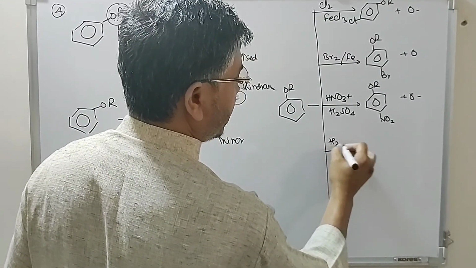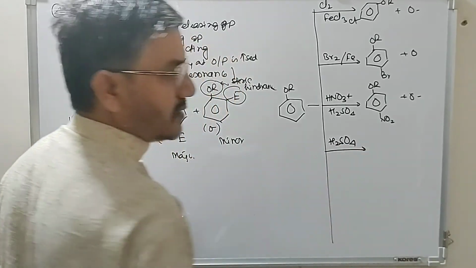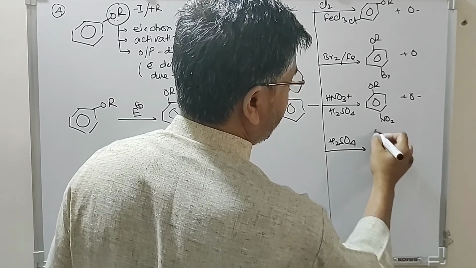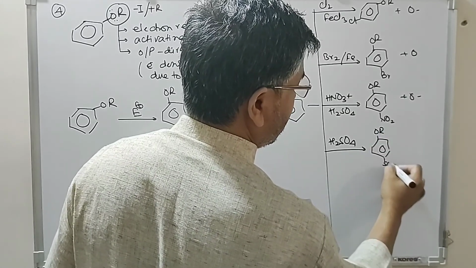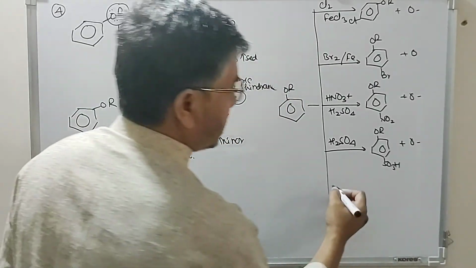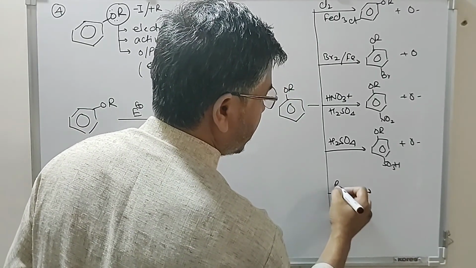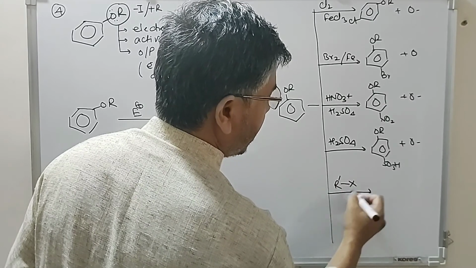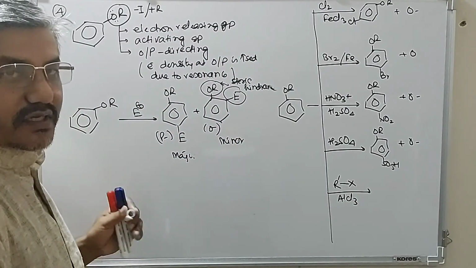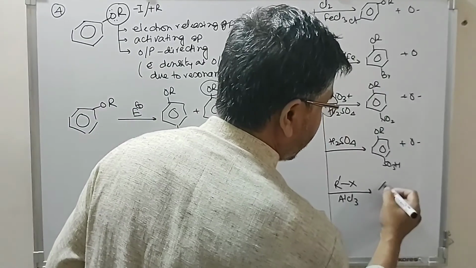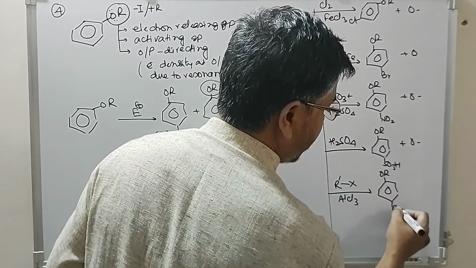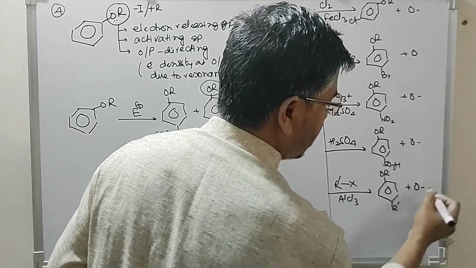Then we have sulfonation by use of sulfuric acid. We have sulfonation at para position plus we have ortho minor compound. Then we have reaction with alkyl halide in presence of AlCl3. This reaction is Friedel-Crafts alkylation, and again alkylation takes place at ortho and para position, so para will be forming as a major compound.